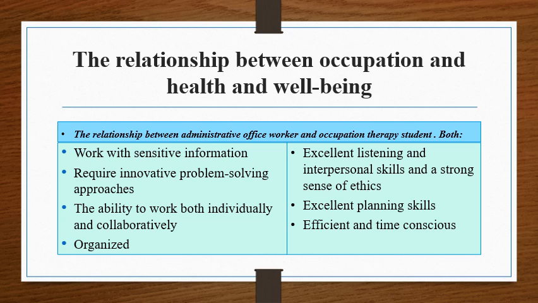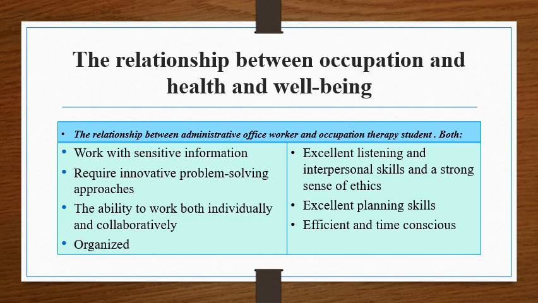There are various areas where I have noticed a relationship between an administrative office worker and my current occupation as an OT student. For example, in both cases, employees must work with sensitive information, for example, an organization budget and patient information.